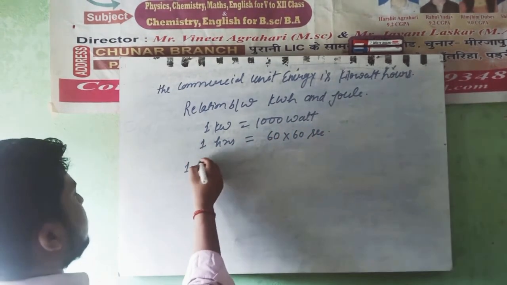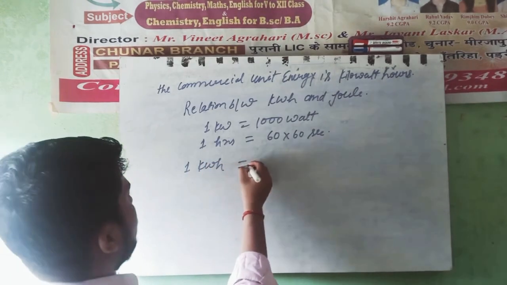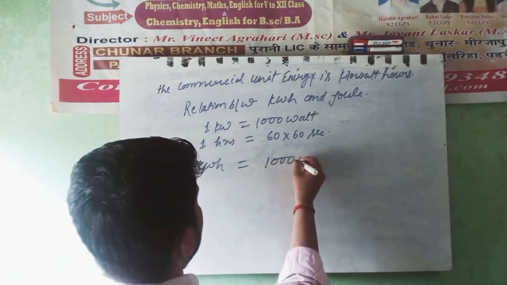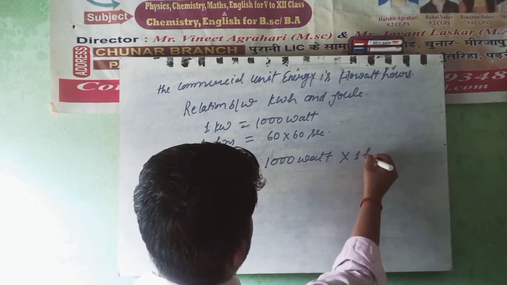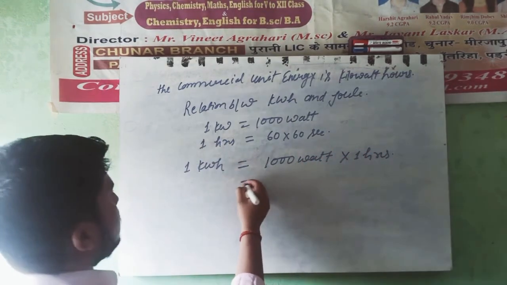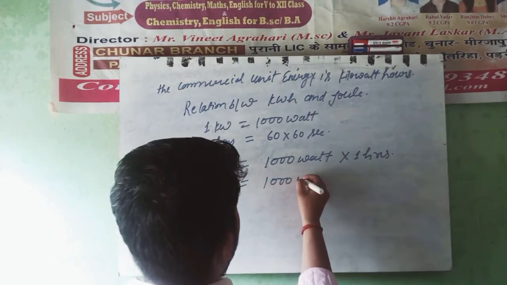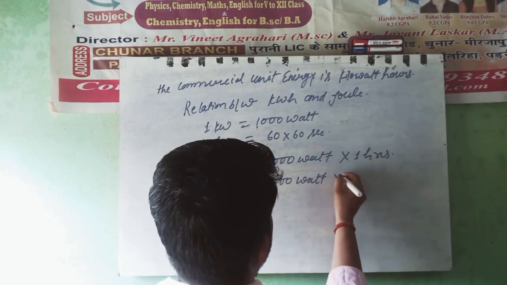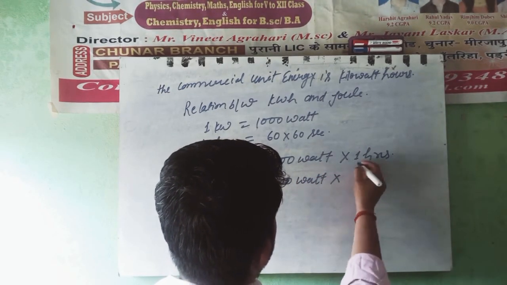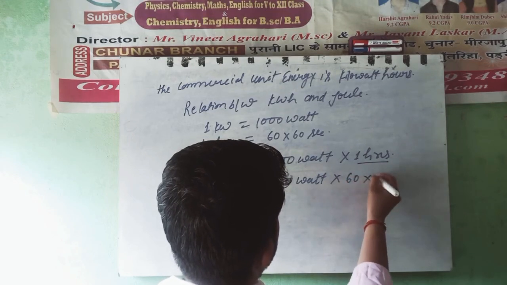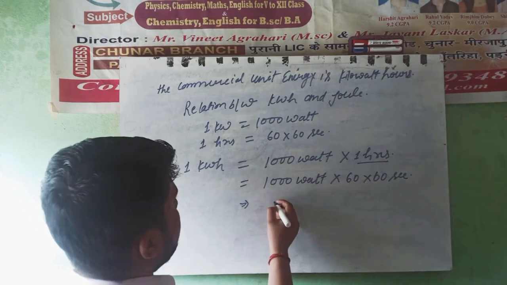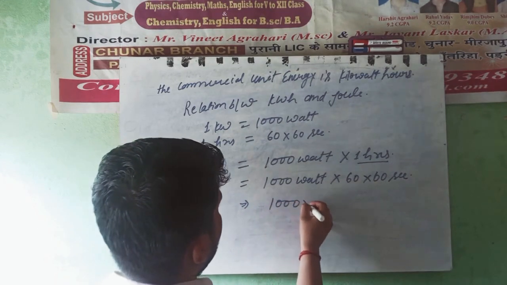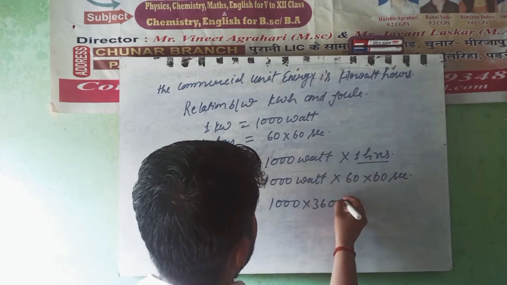So we can write 1 kilowatt hour is equal to 1000 watt for 1 hour, converting the hour into seconds, 60 into 60 seconds. Is it clear? So we get 1000 into 3600.